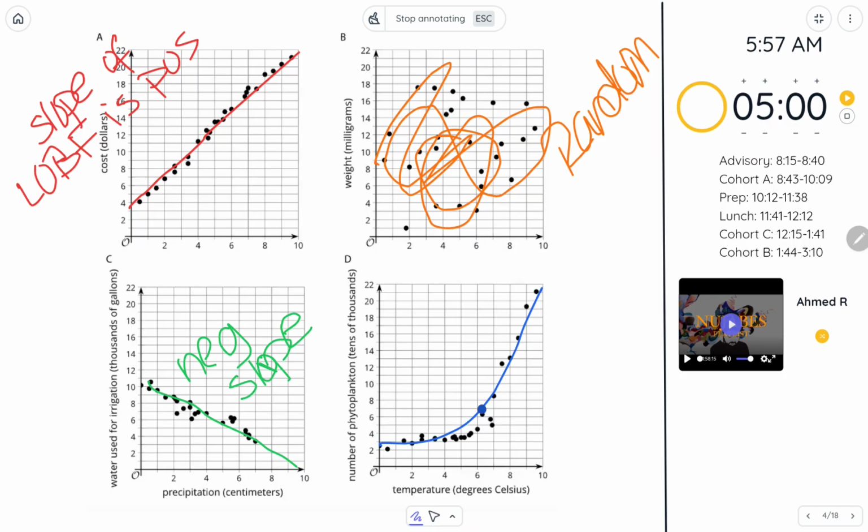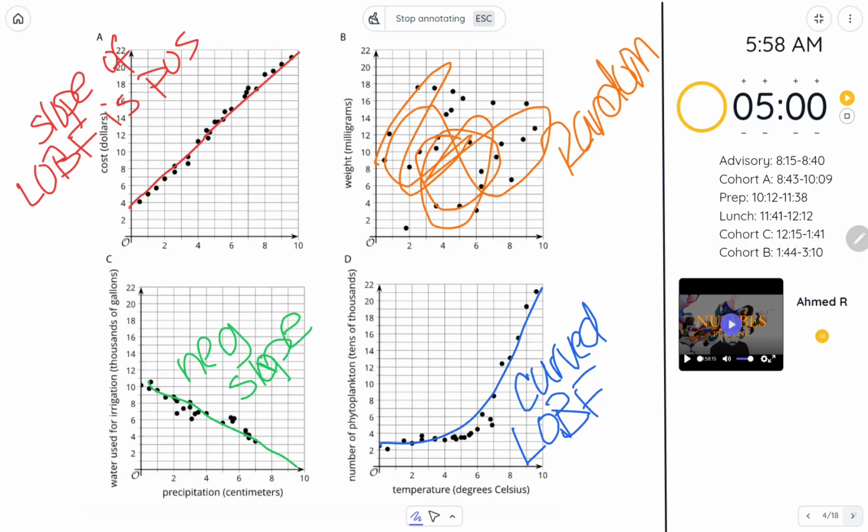So these follow the shape of an exponential function, like an L shape or a curve, okay? It has a curved line of best fit. It's not linear. Okay, so maybe you saw all of those. Maybe you saw something different. But I do want to really focus on the lines of best fit when we're talking about scatter plots.